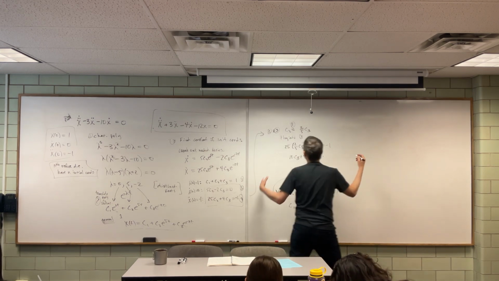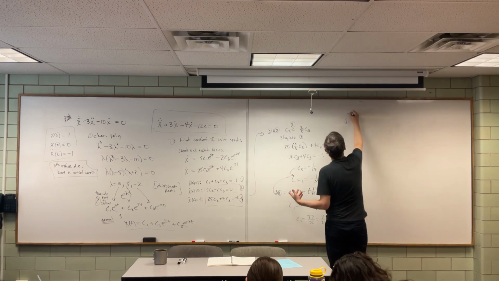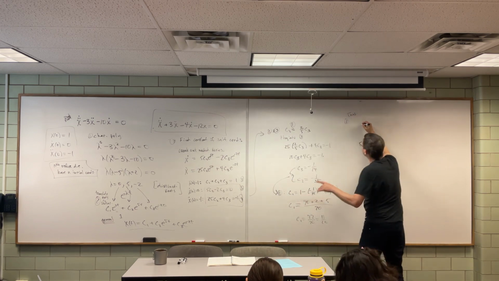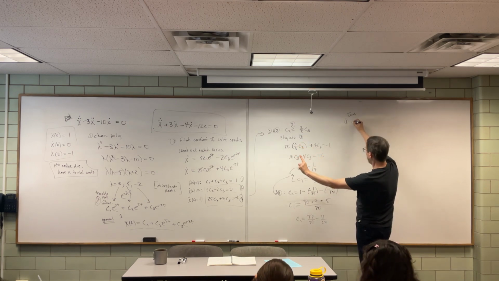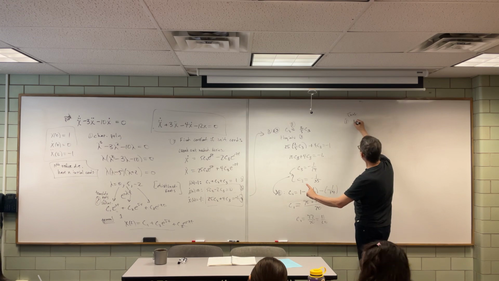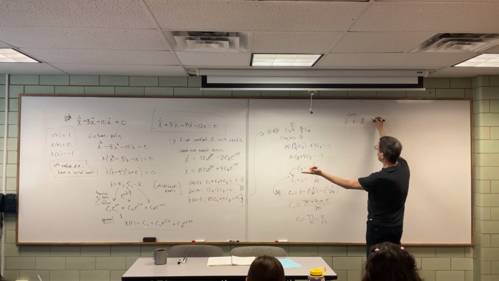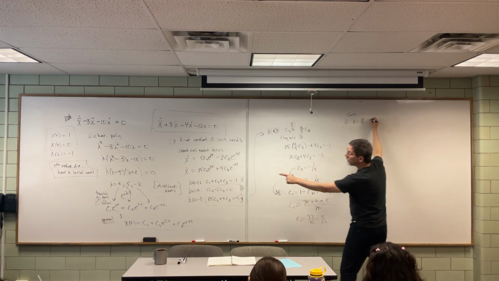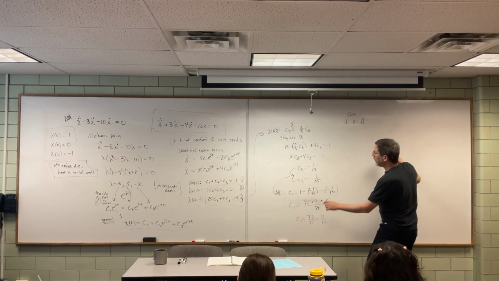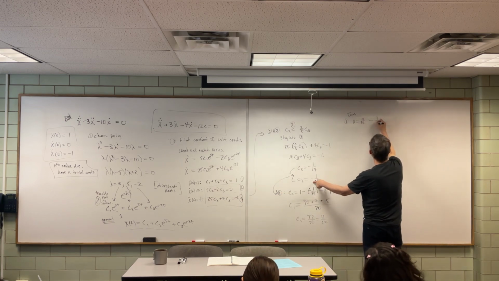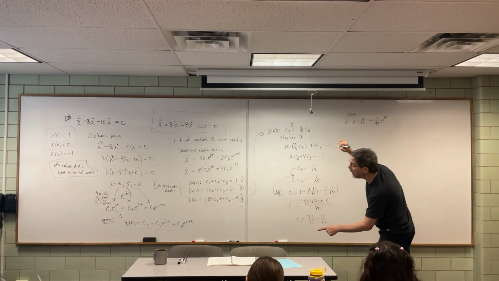And then you would summarize, write your final solution. Thus, hence, x is equal to 11 tenths, that's it. Then plus C2 is e to the 5t, so minus 1/35 e to the 5t.